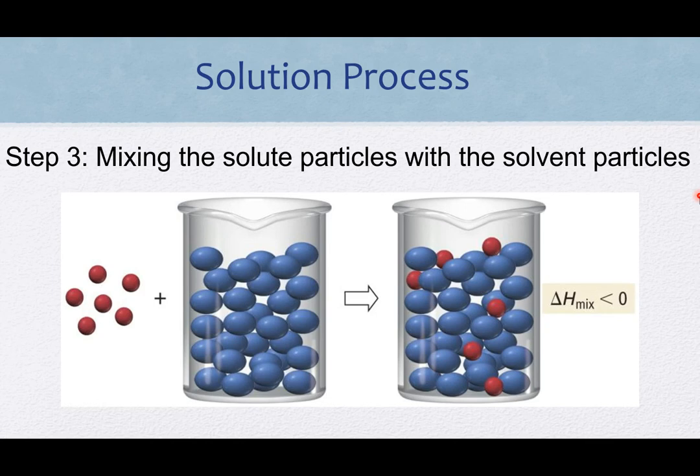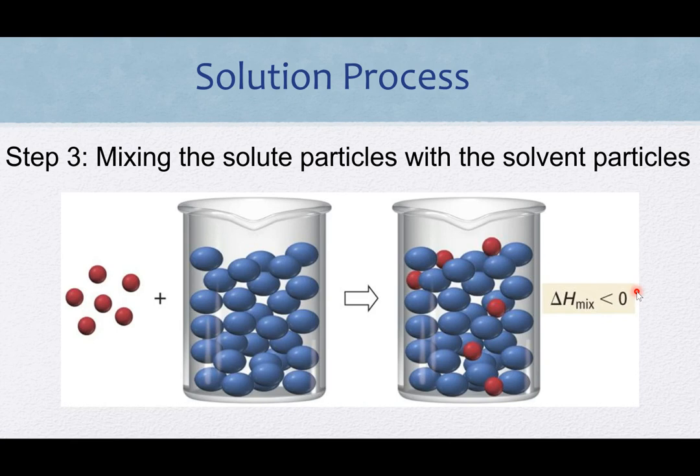So when we mix these two things together, they become more stable. We get a huge amount of energy released. So that would be an exothermic process. Energy is given off during this process. So the change in enthalpy, or the change in energy, is less than 0. So it's going to be a negative number. Energy is exiting the system. Okay.